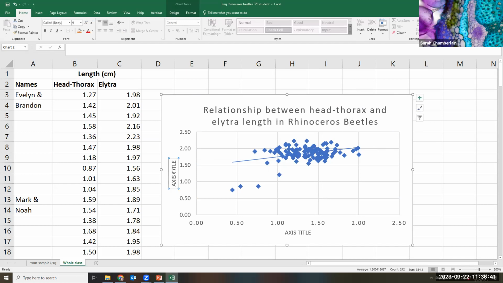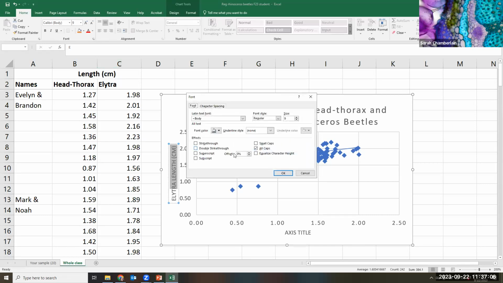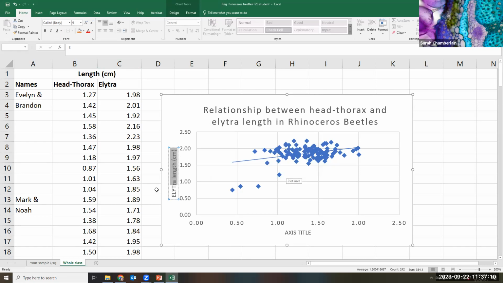What's this gonna be? Okay, why? Okay. And also, I don't like this, so let's change it to not all caps, because that's for suckers. Okay. There we go.